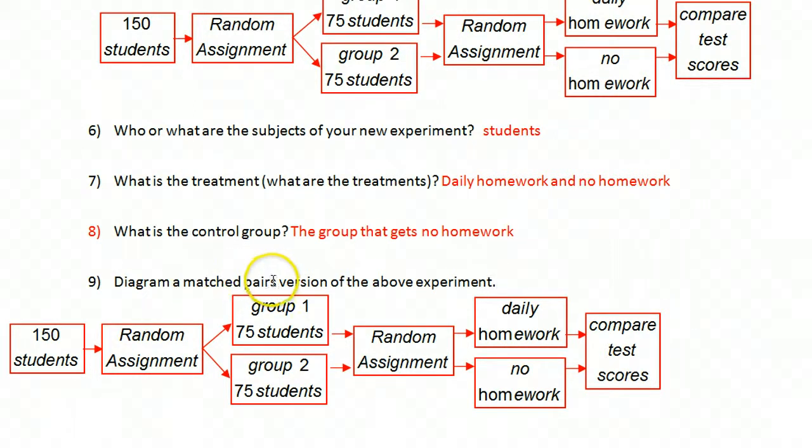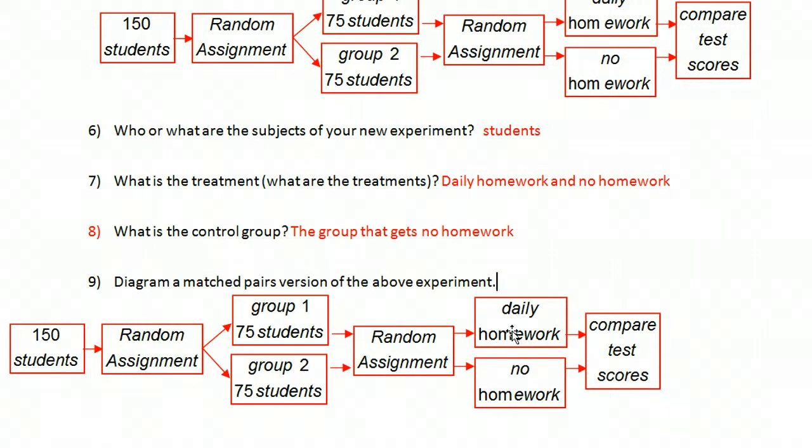Matched pairs is the type of experiment where each subject gets both treatments. So somehow we'd have to have a subject that did daily homework and then did not do daily homework. So probably in practical terms, the way you would do that is you'd have to have 2 units. You'd have one unit where a student had homework assigned every day.